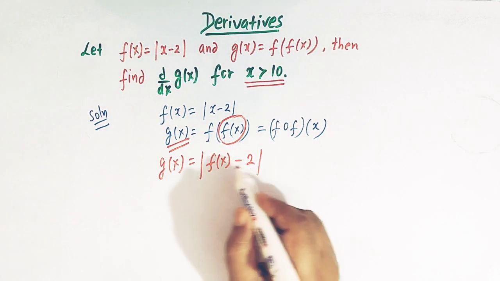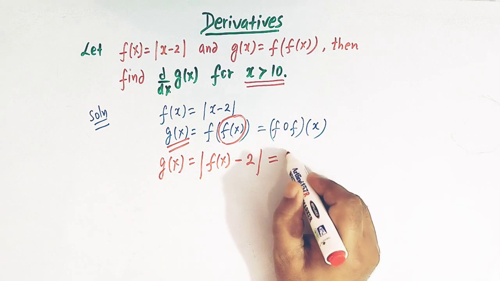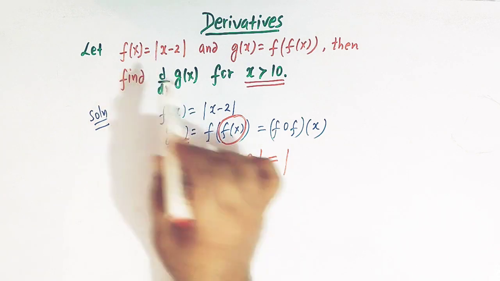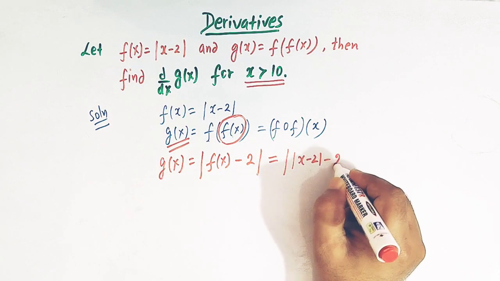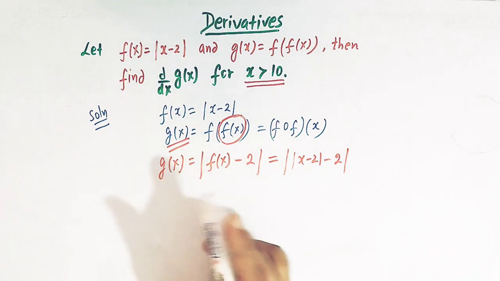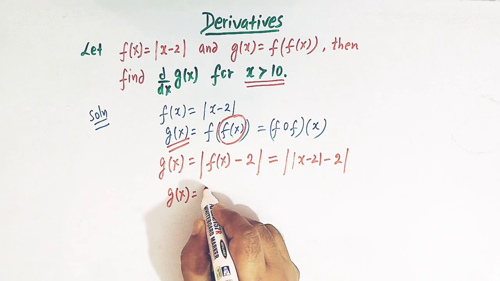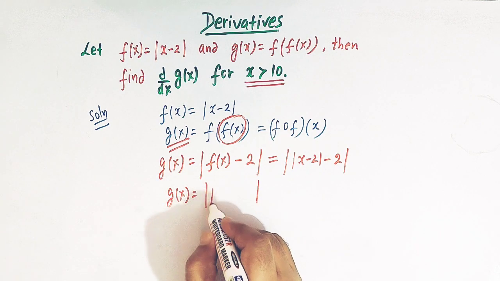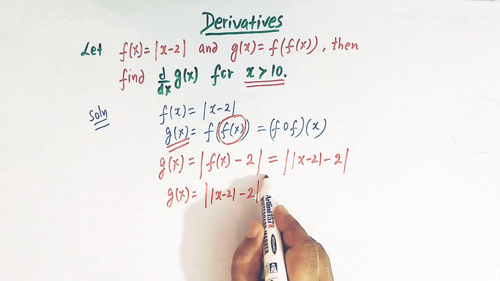So now g of x is equal to mod of f of x minus 2, right? Now f of x can be replaced by mod of x minus 2, and here we have minus 2, right? So the form of this function g of x is equal to mod of mod of x minus 2 minus 2, right?